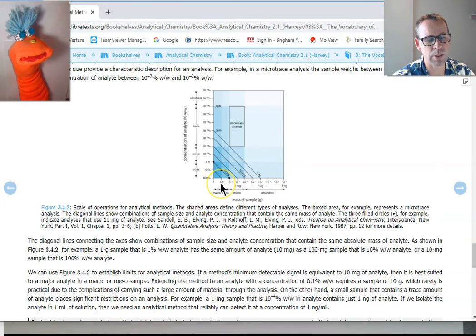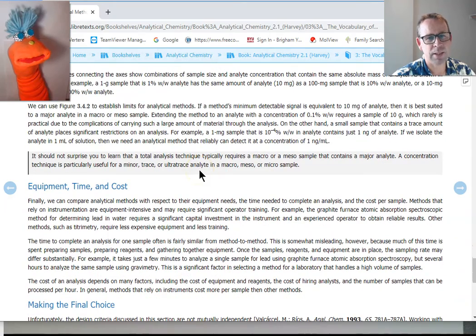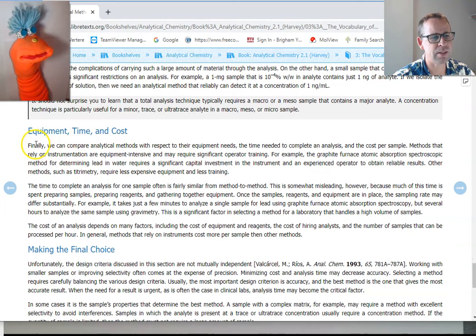So here's 1 times 10 to the minus 1, minus 2, minus 3, minus 4, right? So it's getting smaller. The sample mass is getting smaller as I move to the right. There's some fairly interesting stuff here, but nothing that we're going to be tested on, so let's not spend too much time there.